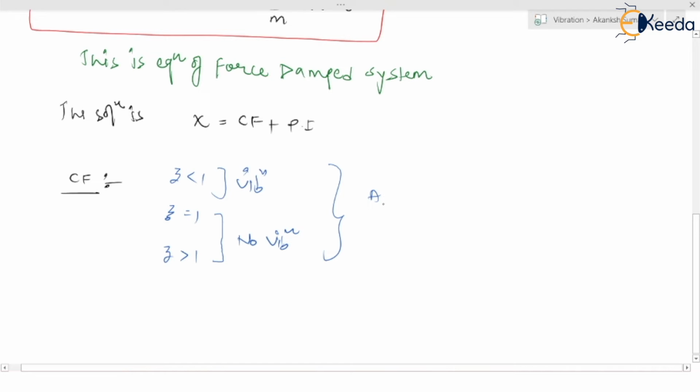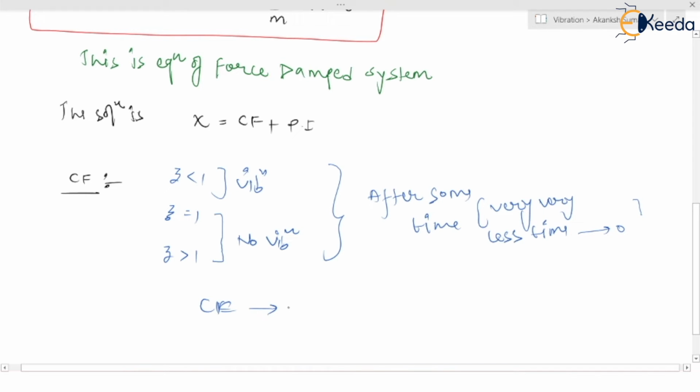After some time, after a very short time, this is important, the CF tends to 0. CF tends to 0.